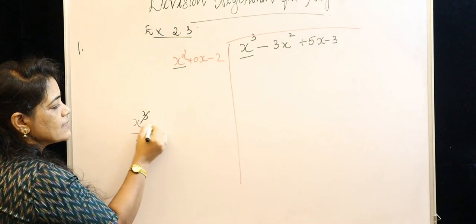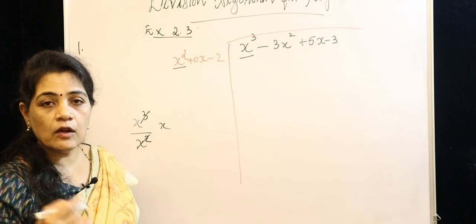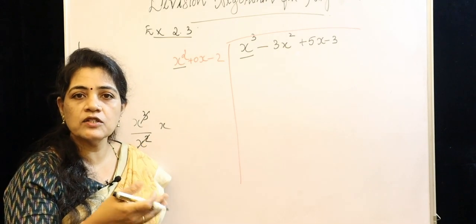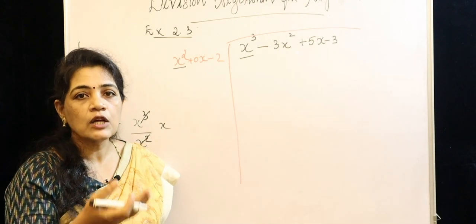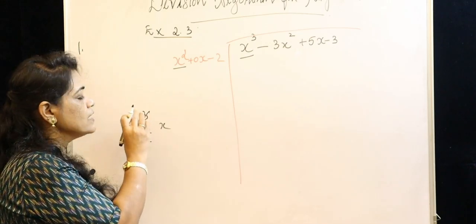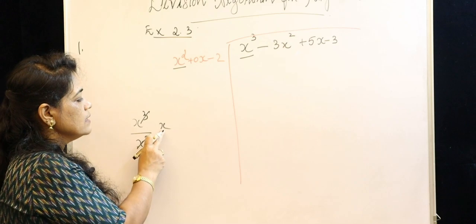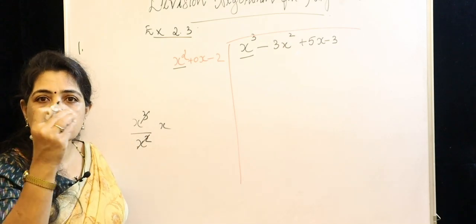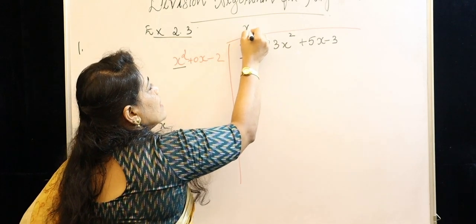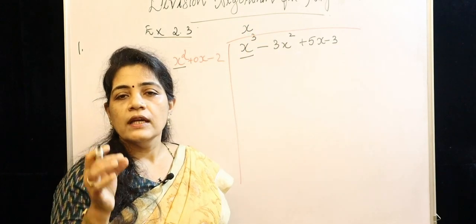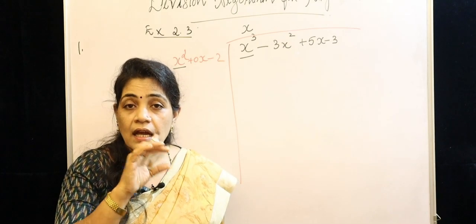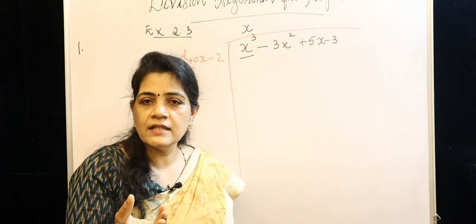By the laws of exponents, a raised to m divided by a raised to n is a raised to m minus n. So 3 minus 2, or x into x into x divided by x into x, so 1 x will be there in the numerator. So x cube by x square is x itself. We can write that as the first term in the quotient polynomial. How we got the first term x is clear, children?